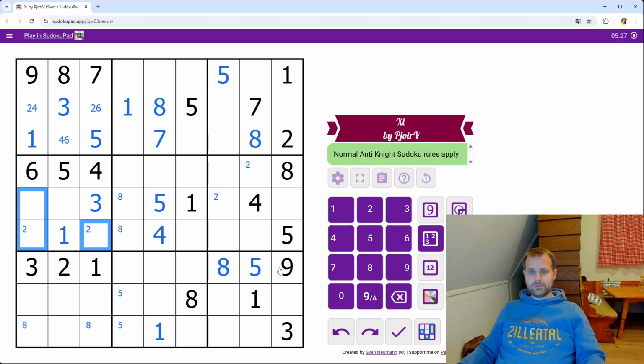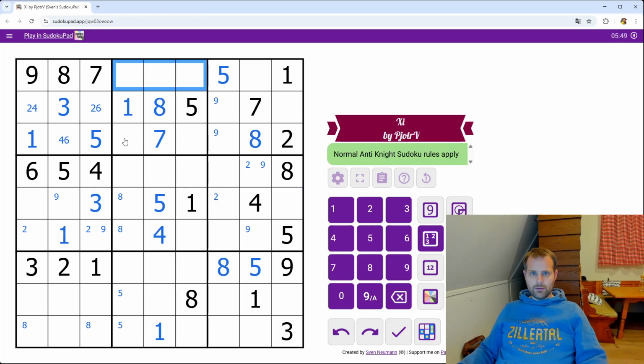Then the 9s. 9 is in one of those, and the 9 is somewhere here, so the 9 is in one of those. So that's it for the 9s.